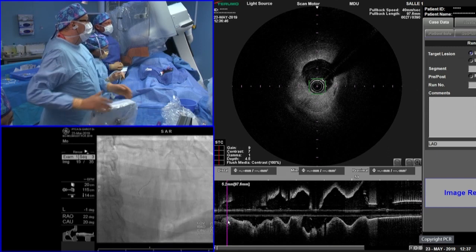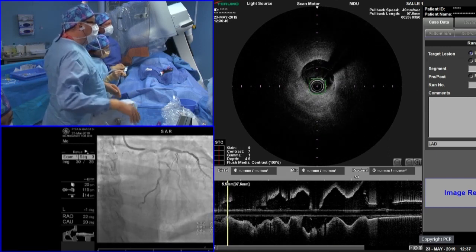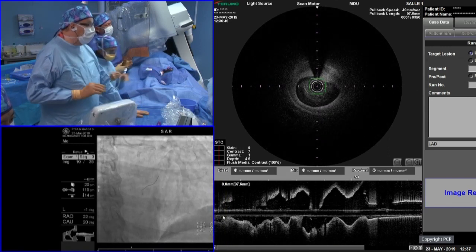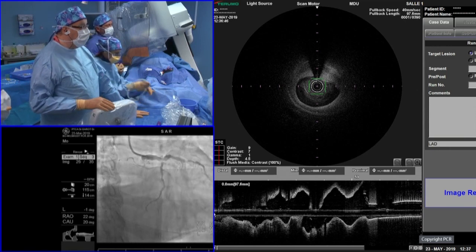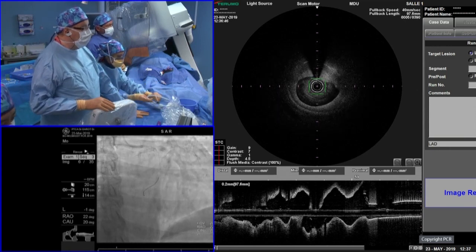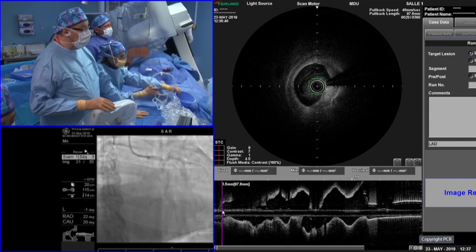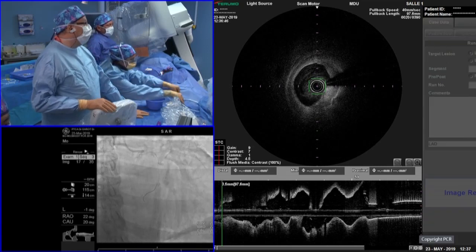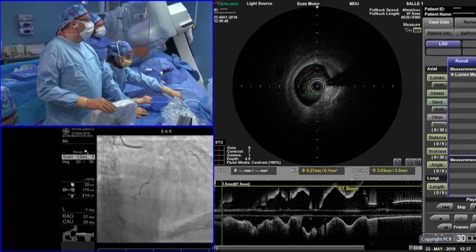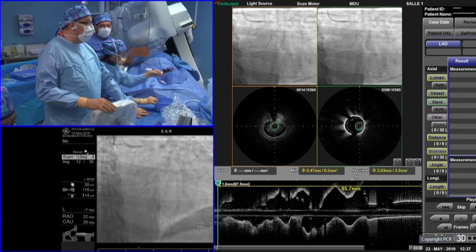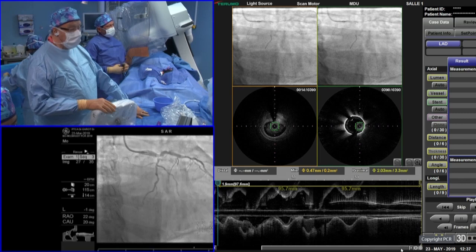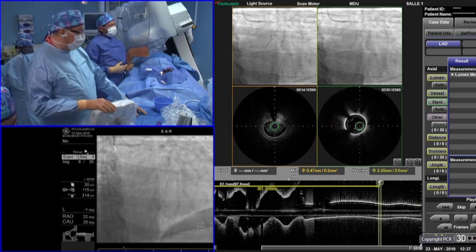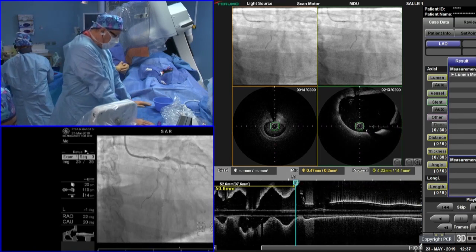If we can do it simply, with less stent, less metal, it would probably be better with shortened DAPT, but if we have to, for sure, we will go for a second one. In our experience, for left main lesions like this one, we go with one stent in 70 to 80% of cases, so it's not so bad. We have less device and probably better outcome with shorter DAPT.